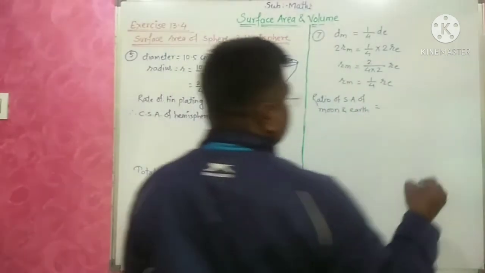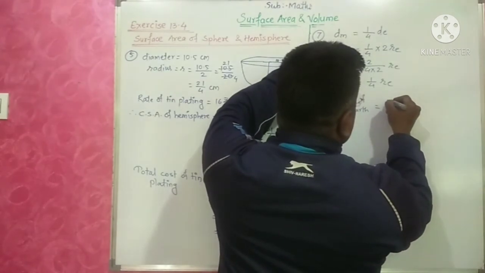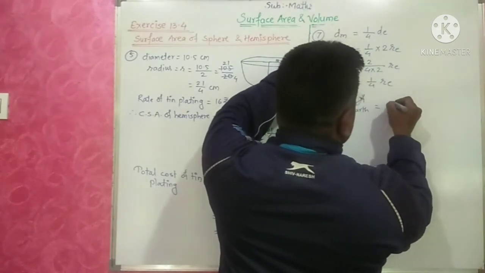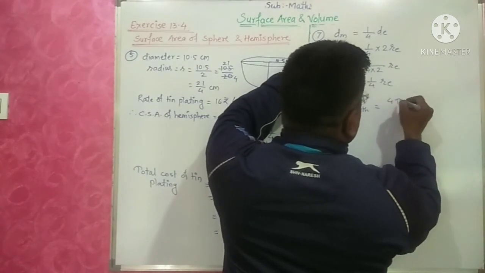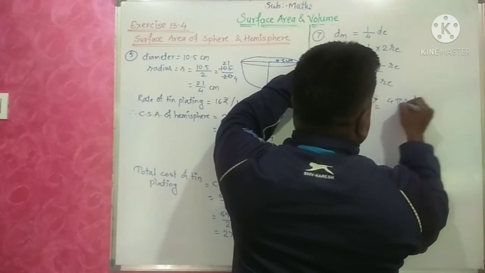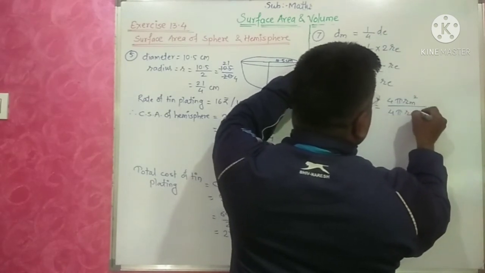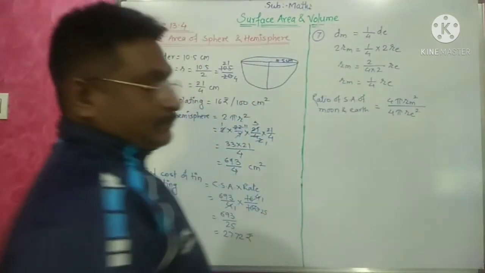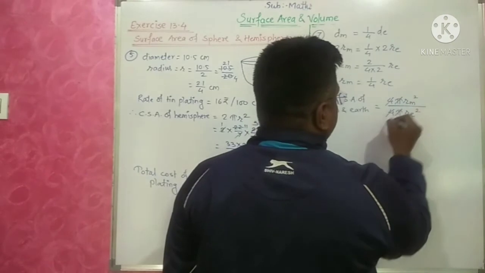So what will we get? Surface area of moon is 4 pi rm square by 4 pi re square. Okay, student, so 4 cancels, pi cancels.